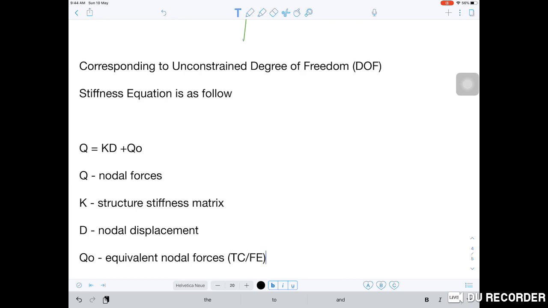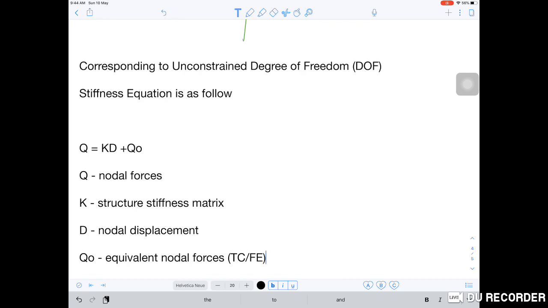The force is subjected along the member or anywhere on the member, so we need to consider the Q naught. But for truss, Q naught only exists whenever there is an effect of temperature or fabrication error.